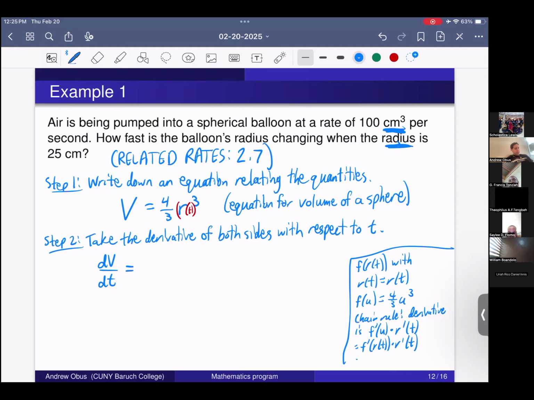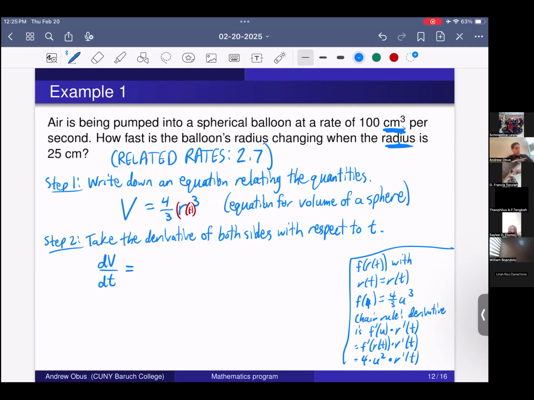Okay, so in this case, this would be 4/3 u cubed. You bring down the 3, that's going to make it 4, and you subtract 1, that's going to make it 2. So this is going to be 4 times u squared, and then times r prime of t. And in this case, u is just equal to r, right?